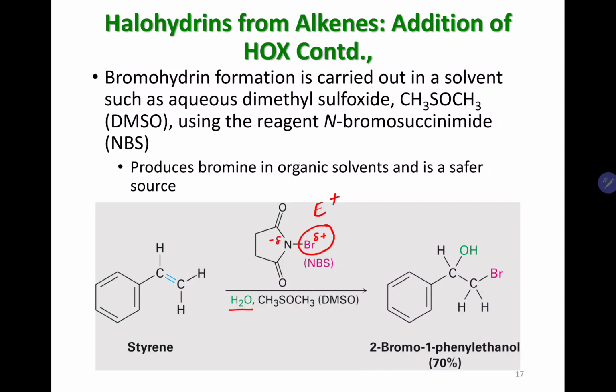And if you take a look at this starting material, the two carbons are different. Why? Because when you take a look at the number of hydrogens you have on each carbon, these two carbons are different. This carbon right here has two hydrogens, 1 and 2. The other carbon only has one hydrogen.